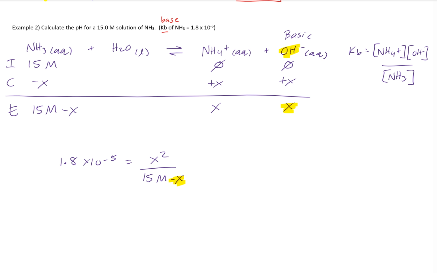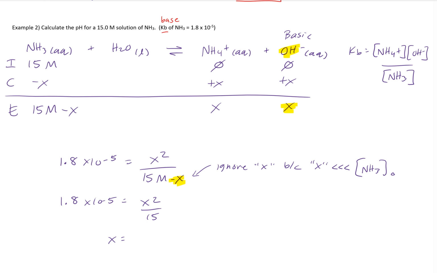X here is going to be so small in comparison to the initial concentration of this weak base that it pretty much can be ignored. So you're going to ignore that minus X because X is much, much smaller than the initial concentration of ammonia. So it becomes 1.8 times 10 to the negative 5 is equal to X squared over 15. And solve for X.